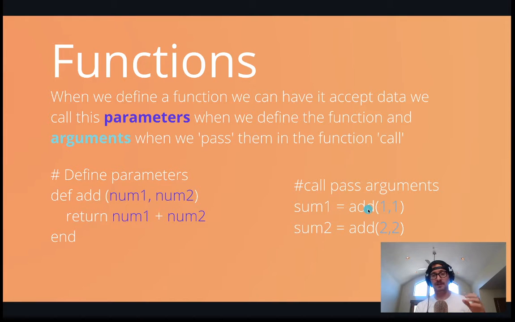When I call the function, I pass the function arguments. So here I add 1 and 1. Those are arguments to my function. Num1 and num2, those are the parameters in my function definition. So I just want to really get this clear. We have a method definition, and then in our code we can call the method.